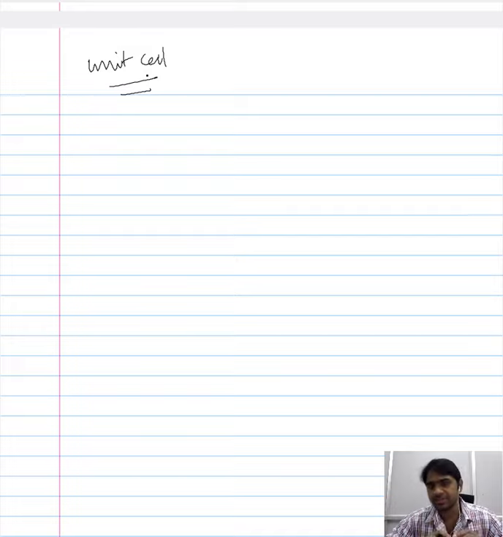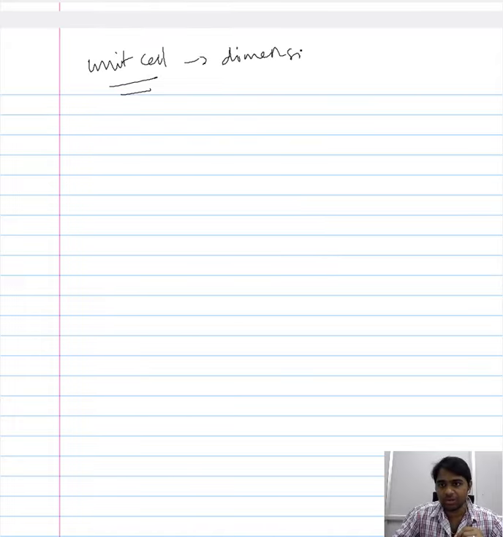In the previous lectures, we considered 2 features that characterize the unit cell. One is the lengthwise dimension of the unit cell. The other is the angle between these dimensions, or the angular dimensions. Depending on the relation between the lengthwise dimension and the angular dimension, we saw 2 specific unit cells, that is cubic unit cell and hexagonal unit cell.